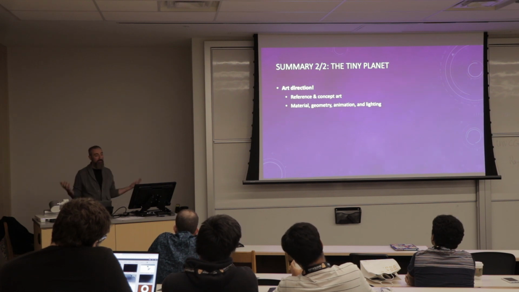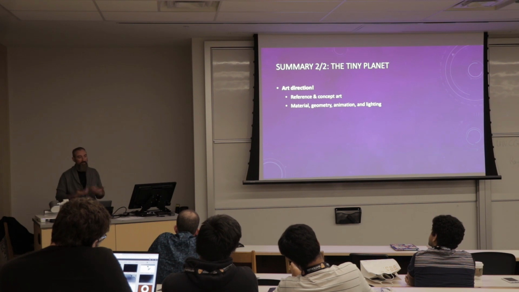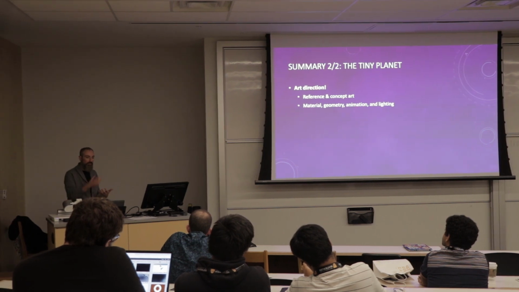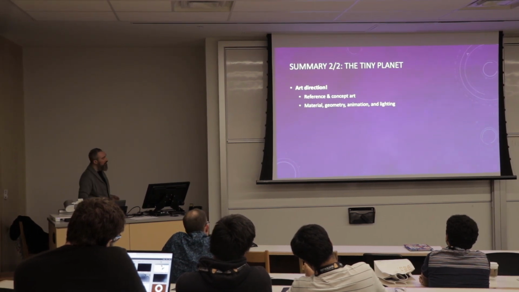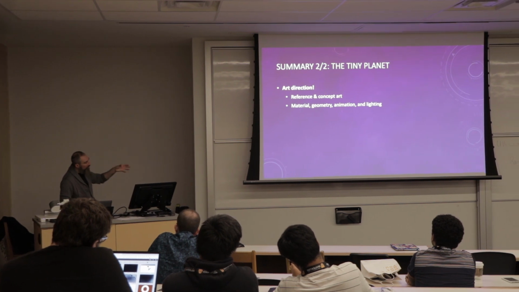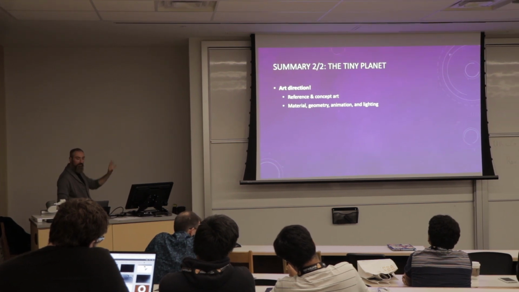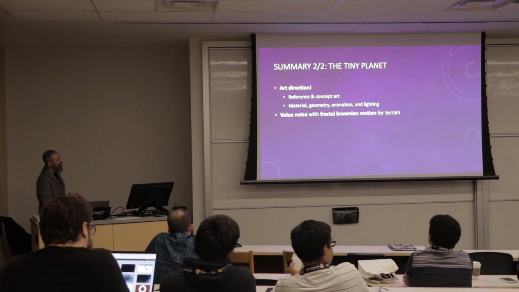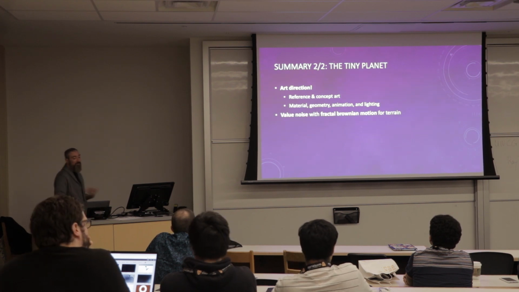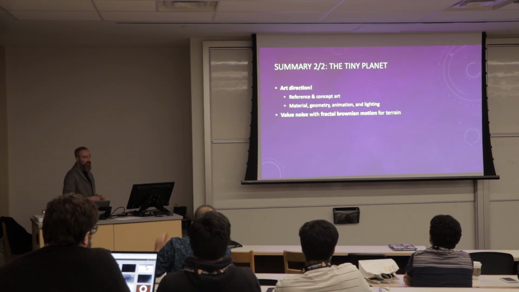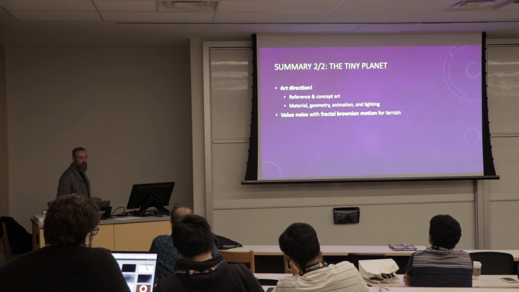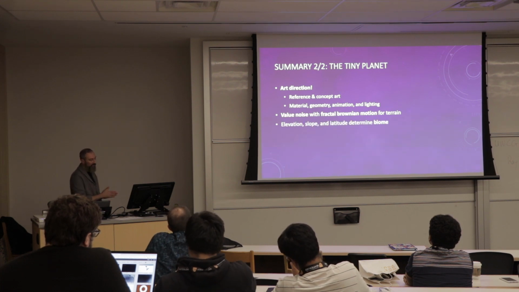That's the part that maybe machine learning would do for us someday, or maybe actually that's the interesting part of algorithm design. Humans will do that with these tools in a different way. It wasn't just the geometry. I focused on that. There was some stuff with materials, the animation, lighting. The key technique I use a lot today is called fractal Brownian motion applied to value noise. Those are sort of the things you would Google to find out more about it.